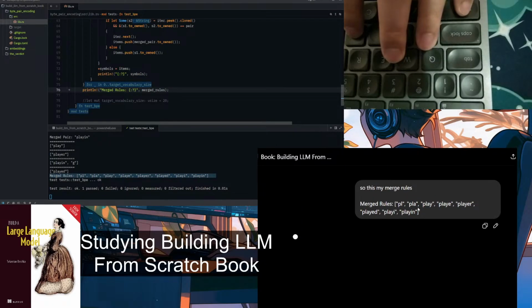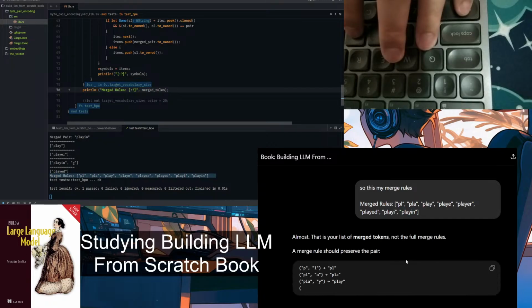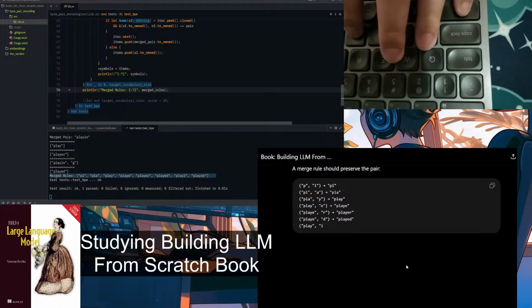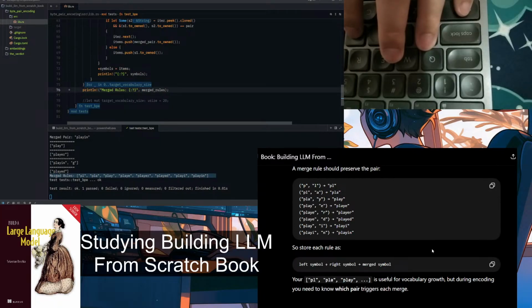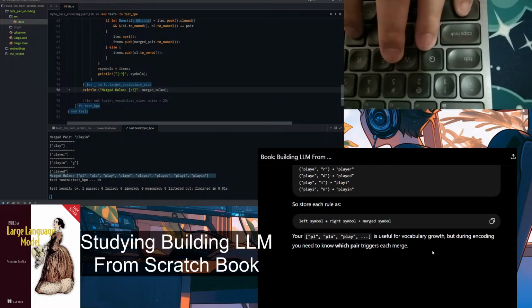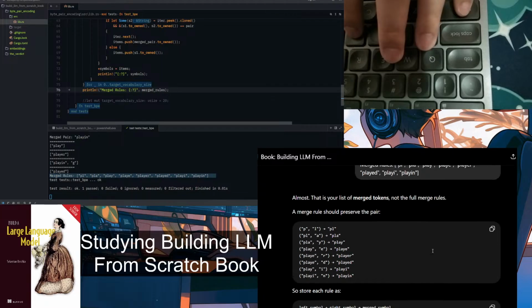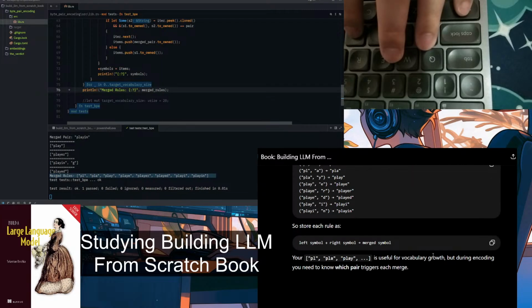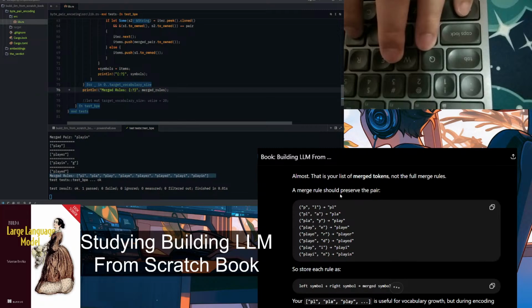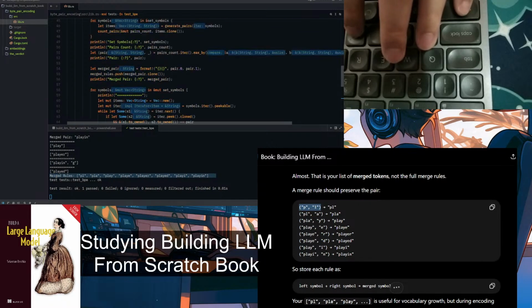So PL, PLA, play, player, playing. So these are my words. So store each rule as... what does it mean? A merge rule should preserve the pair. Oh, okay, pairs.